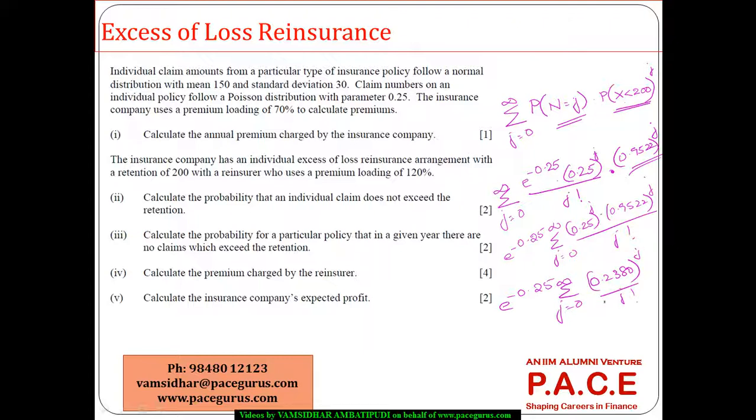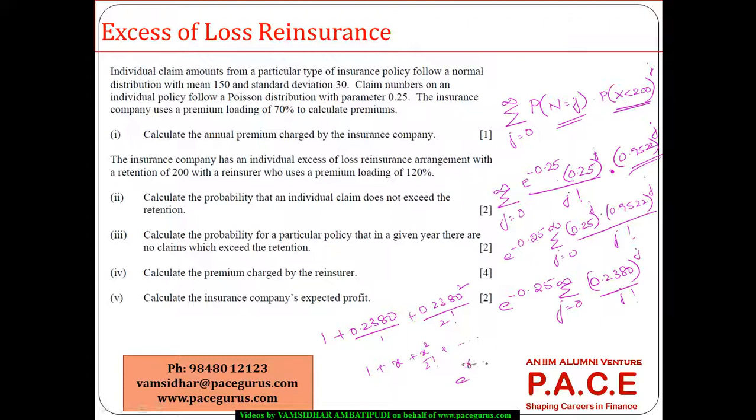Look at it now, substituting all this. If I put j equal to 0, it is 1. j equal to 1, it is 0.2380 by 1. Otherwise, it is 0.2380 squared by 2 factorial. 1 plus x plus x squared by 2 factorial plus so on.